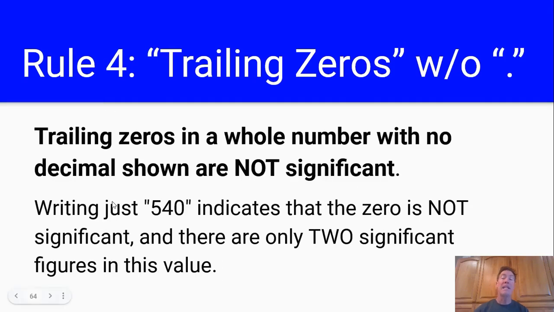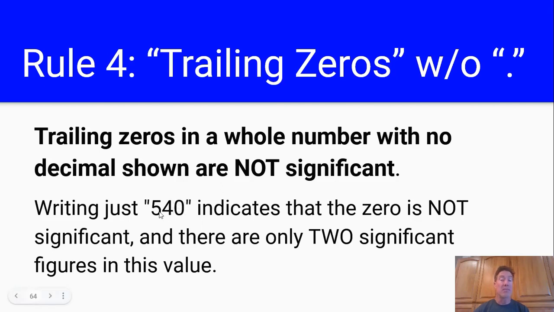Rule 4, trailing zeros. Trailing zeros in a whole number without a decimal being shown are not significant. So if we write the number 540, this indicates that the 0 is not significant because it's just a trailing 0 and there's nothing behind it to say, hey, this is really there.